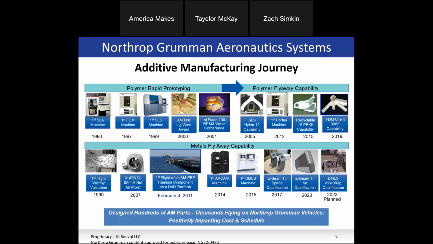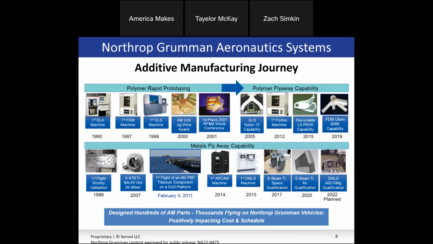Yeah, thanks, Zach. Northrop Grumman, specifically the aeronautics sector, has been working in additive for quite a long time, starting with the well-known original stereolithography type process and all the way up to current metal and different polymer processes.